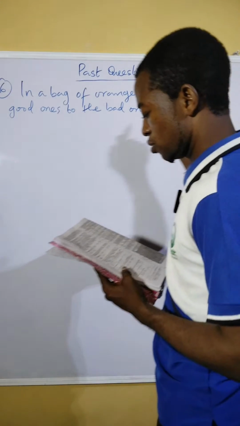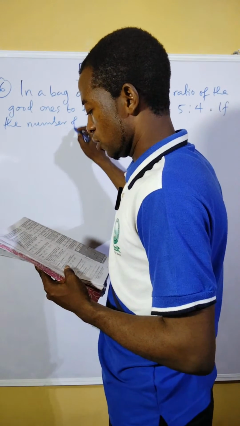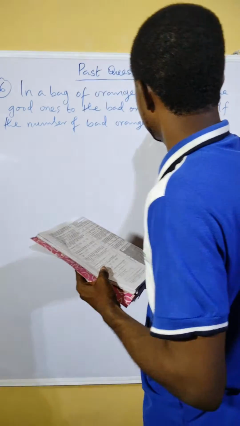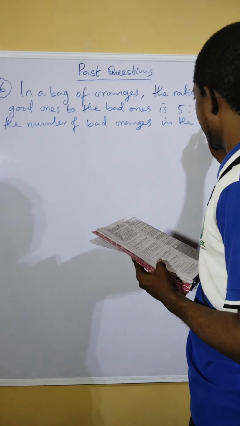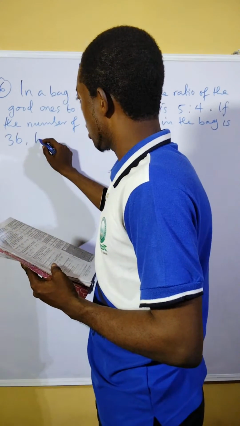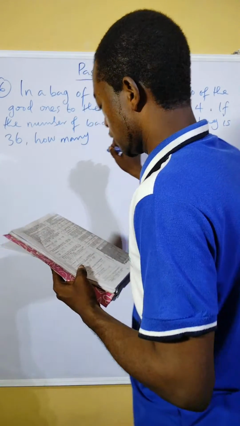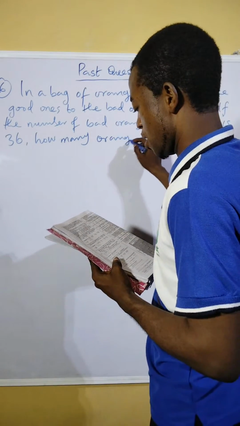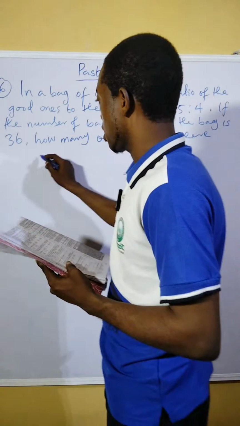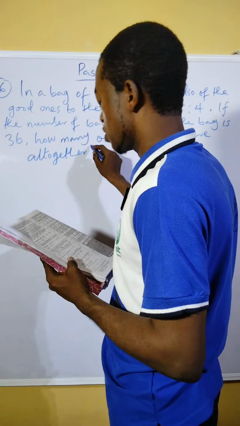So if the number of bad oranges in the bag is 36, how many oranges are there altogether? How many oranges are there altogether?